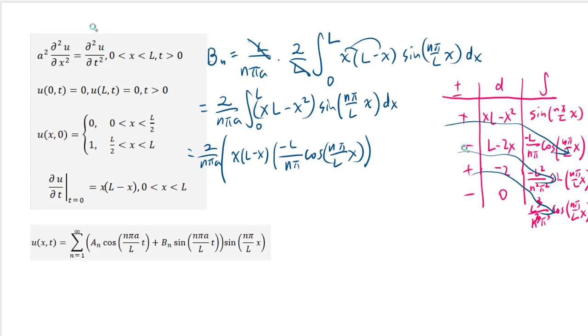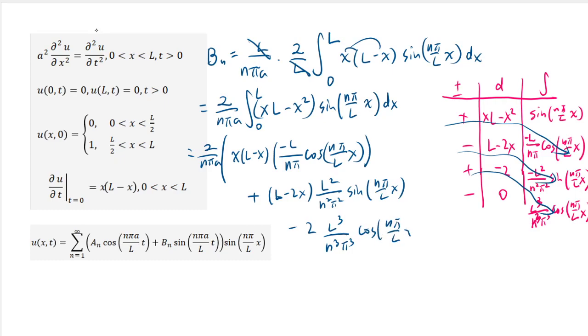And then there's a minus times minus, which is plus, so let's put plus (L minus 2x) times L squared over n squared pi squared sine n pi over L x, since I already took care of the minus. And then finally it's negative 2 times L cubed over n cubed pi cubed cosine n pi over L x.